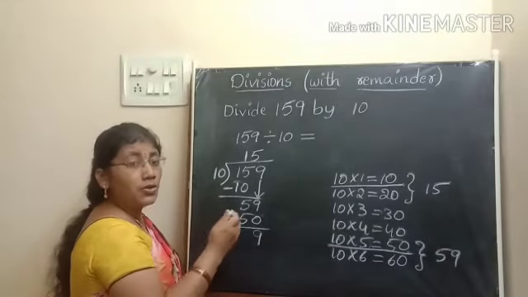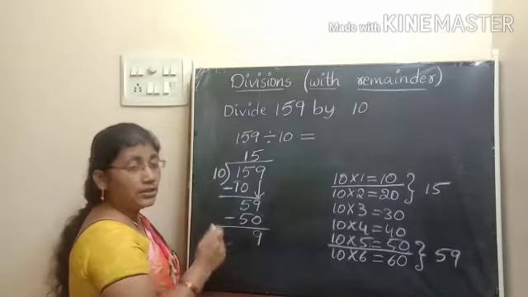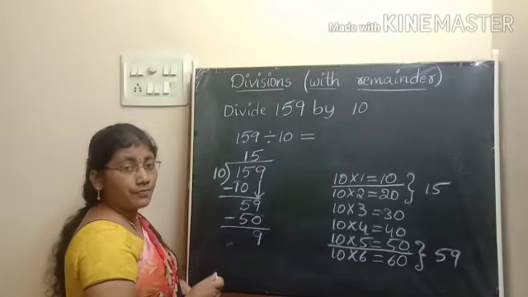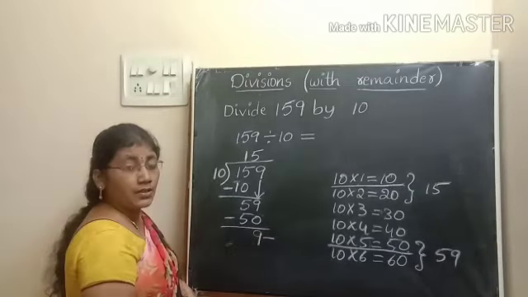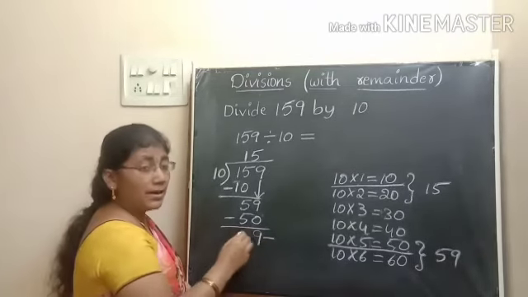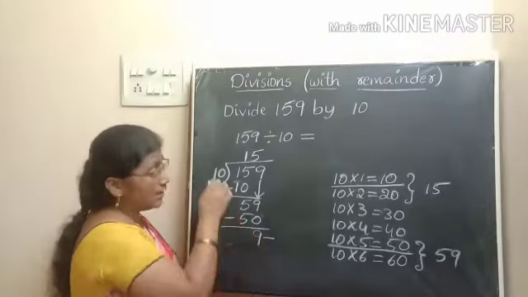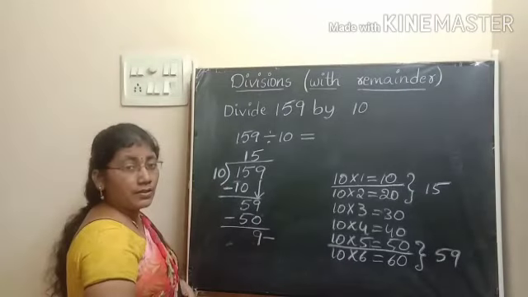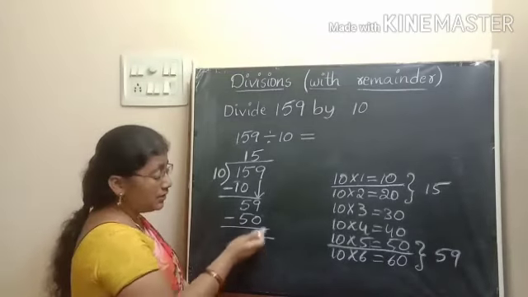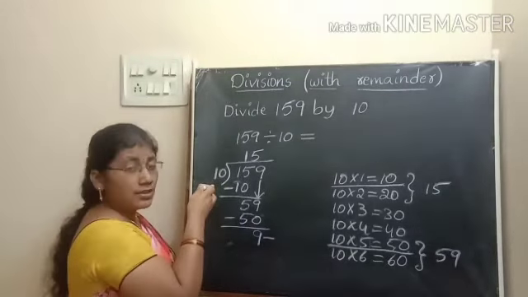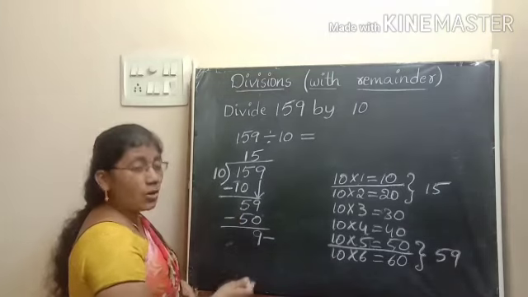So there is no possible condition to take for the division operation. So just leave it as remainder, because this is less than the divisor. It is impossible to continue. Understood, children? There is no possibility to continue this operation.